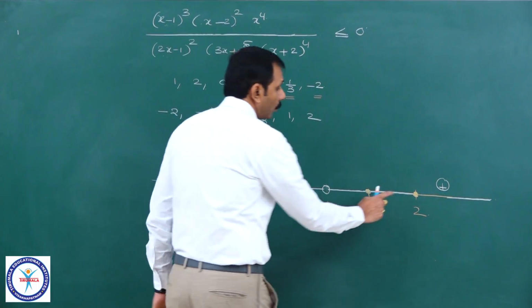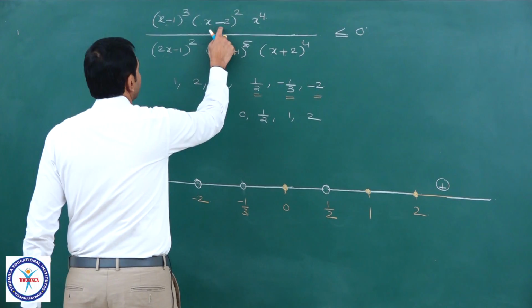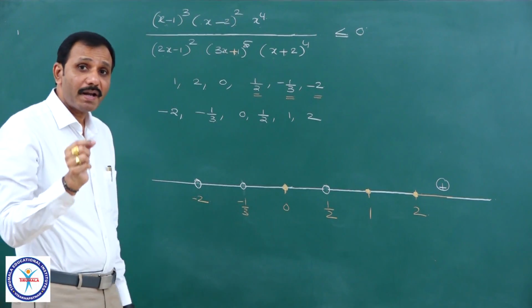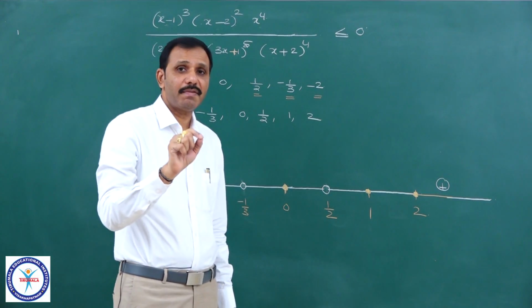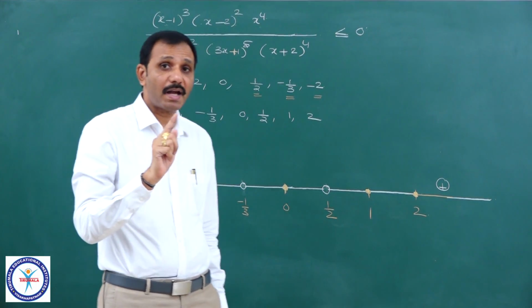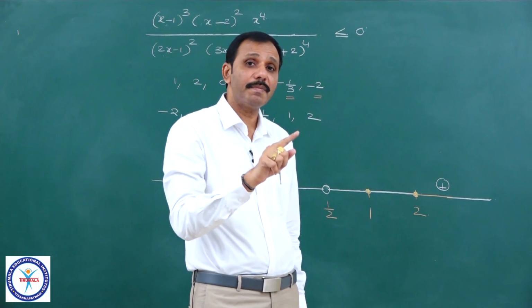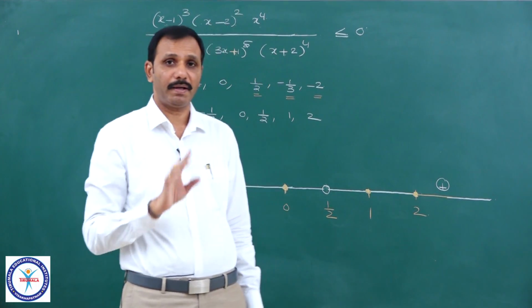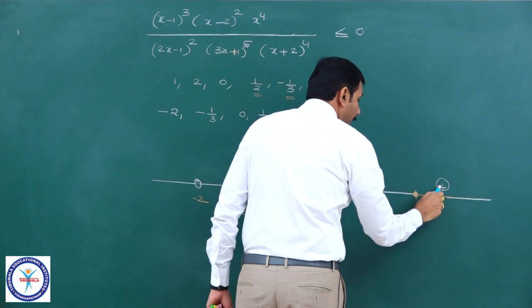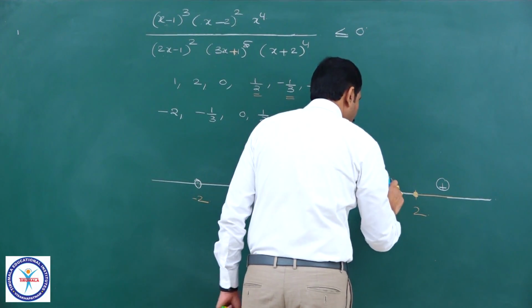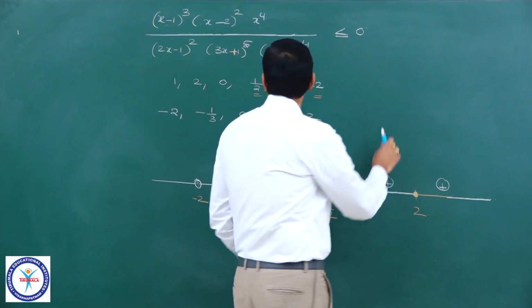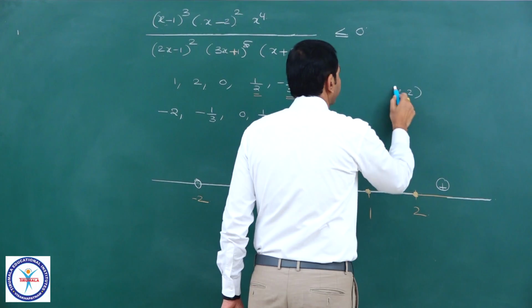Now you see 2. Yes, 2 means here, what is the power? Even power. If the power of any linear expression is even, we call it a double point, and if the power of any linear expression is odd, that point is called a simple point. Therefore, double point means the sign will remain the same, plus means plus only, because x minus 2 whole square is there.